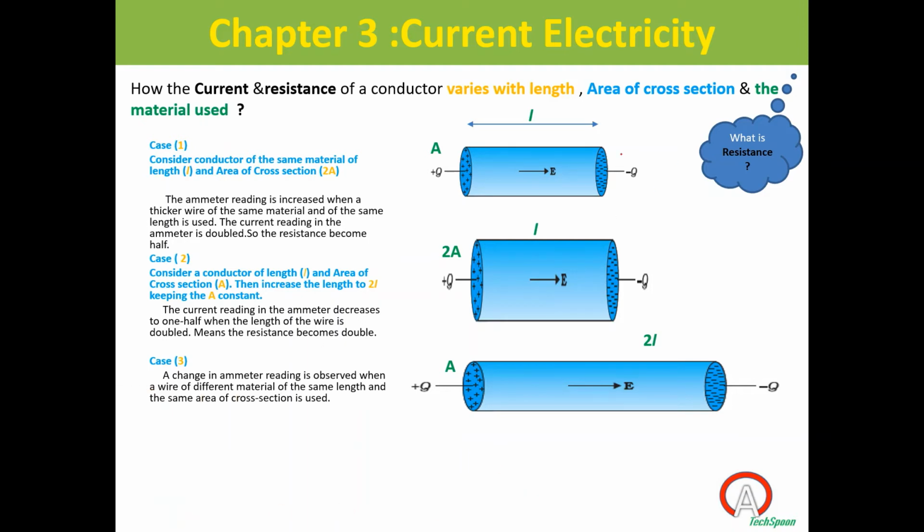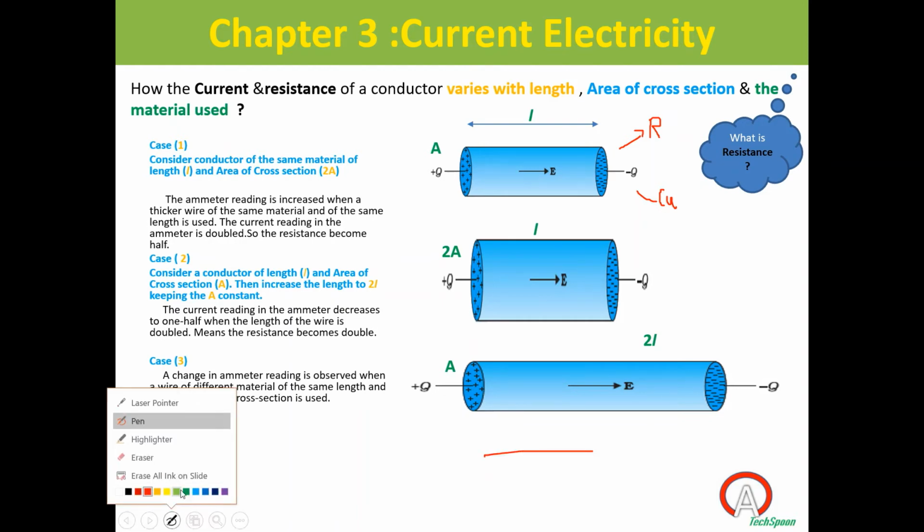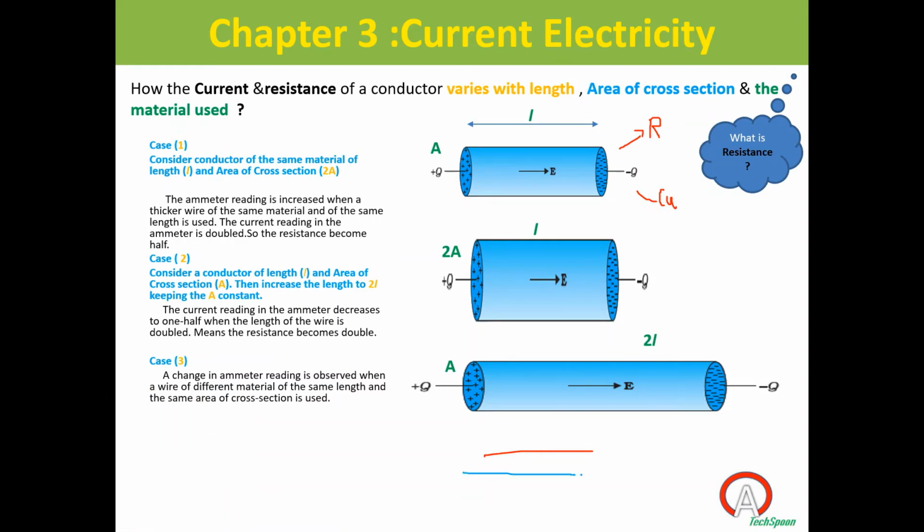In the initial case, this case 1 has a resistance R and I am using a copper cable, Cu. With the same dimension, I am making another conductor, having the same length and same area of cross section. What will be the resistance? This resistance will not equal this resistance.